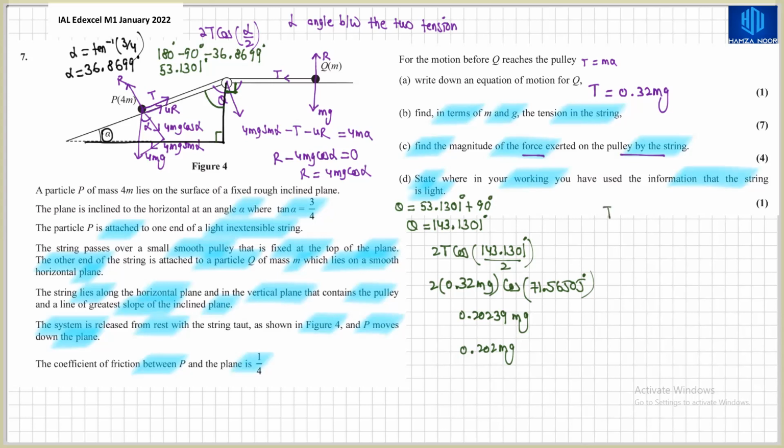So our answer is going to be that the tension will be the same throughout a particular section of the string. As simple as that. So this was the answer of part D, and this was basically question number 7 of the International A-Level Edexcel M1 January 2022 paper.